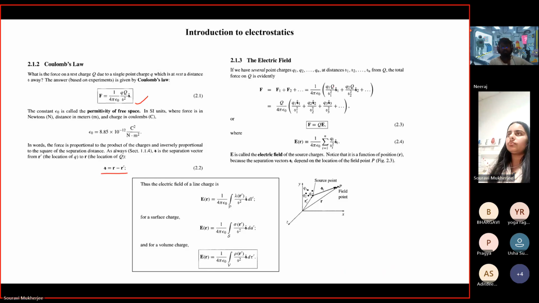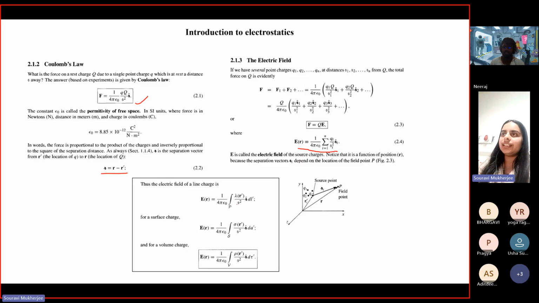Now, it follows the superposition principle, so if you have different charges, you just sum up the effects. This is the kind of expression you would get. And if you don't have discrete charges but a distribution, then you have to go from summation to integration.